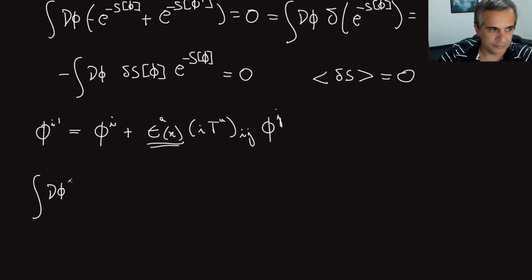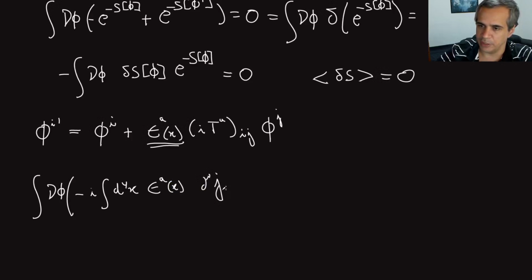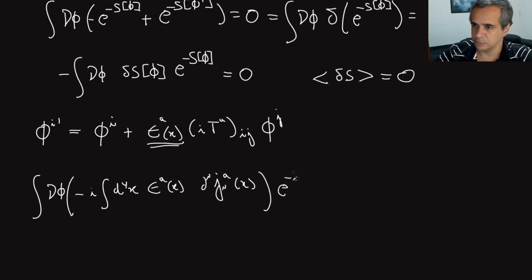del phi of minus i d^4x epsilon^a(x) del_mu j^mu_a(x) times this exponential e^{-S} of y is equal to 0, right?